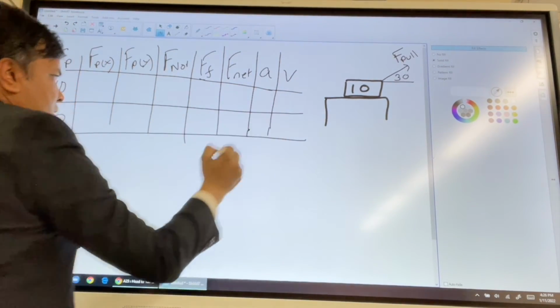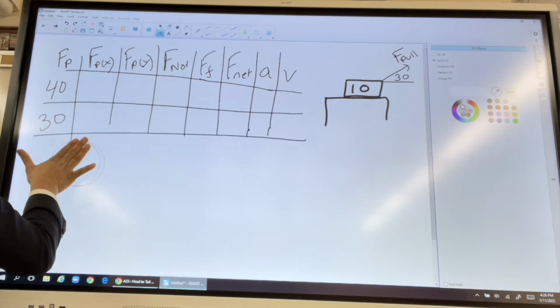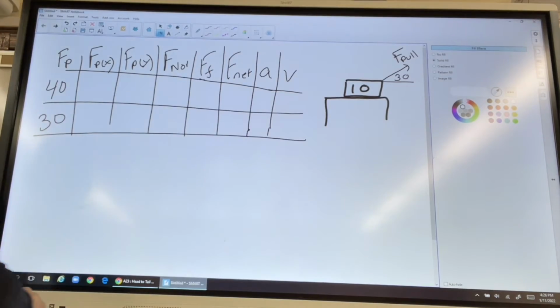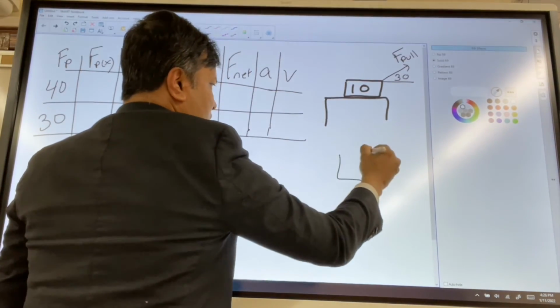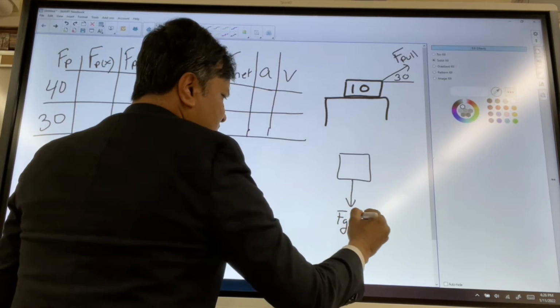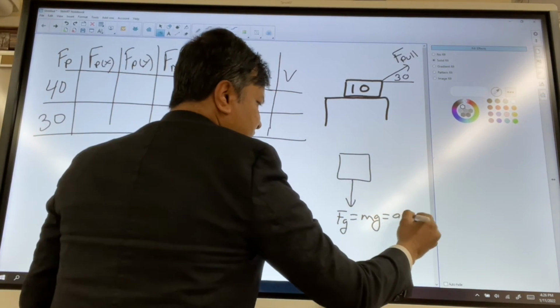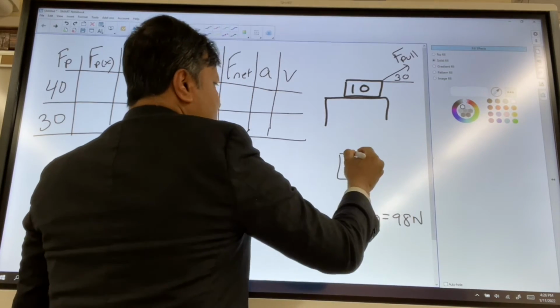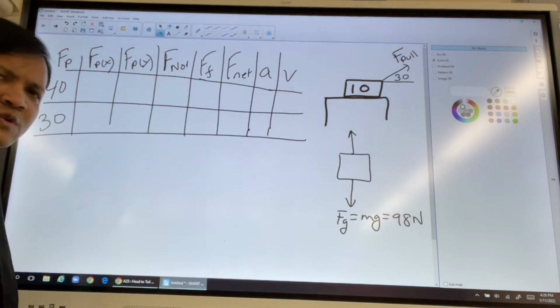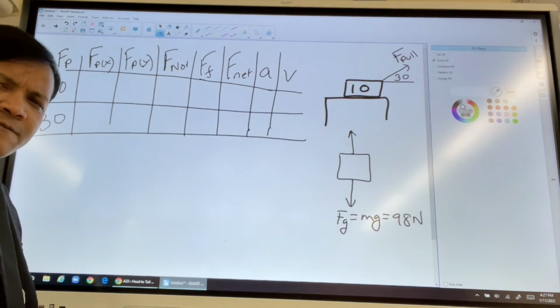Alright, so we have lots of space. We're going to do the math in this space. First, we're going to find the weight of this box. The weight of this box is mg, and it's 10 times 9.8, so 98 Newton. What is the Fn? Be careful, do not write 98 for Fn. Why is that?